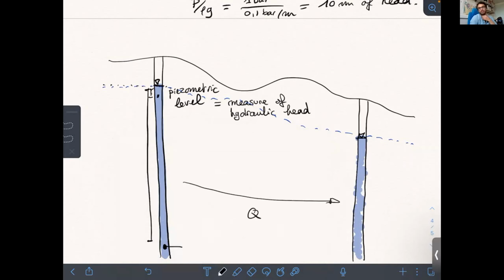And I can calculate the flow rate based on Darcy's law if I know the permeability, the hydraulic conductivity, sorry, of the reservoir. So this is really an important concept, and for the next lecture we will do some exercises to understand this better.